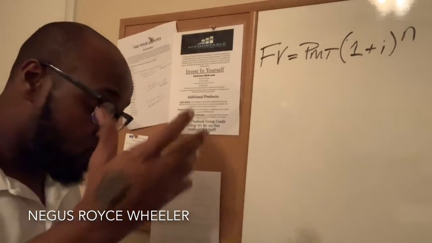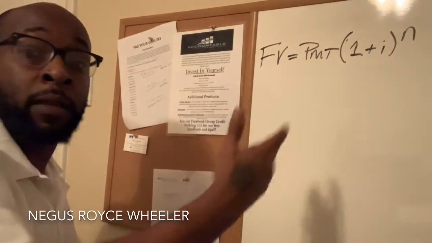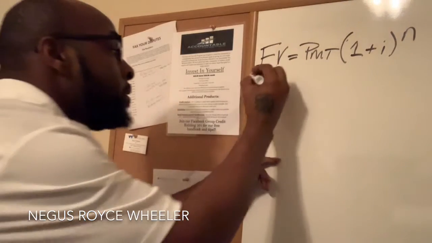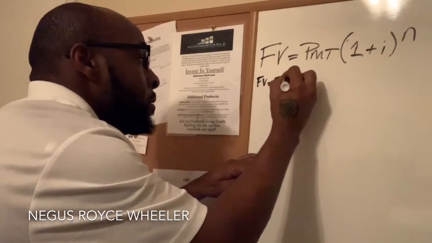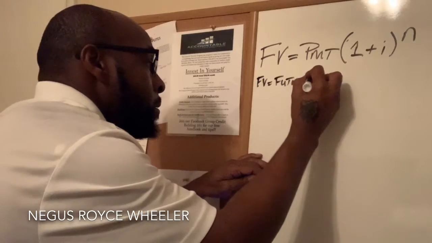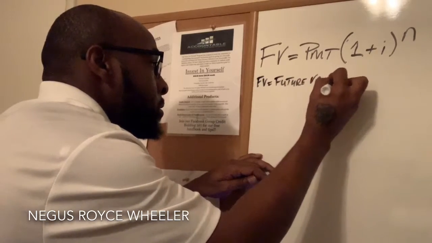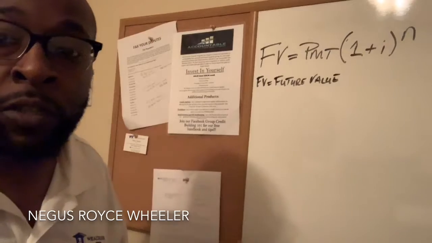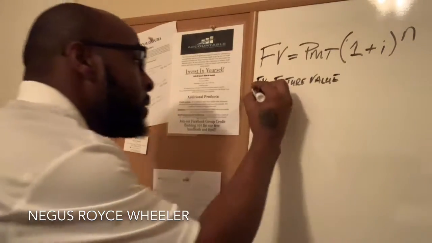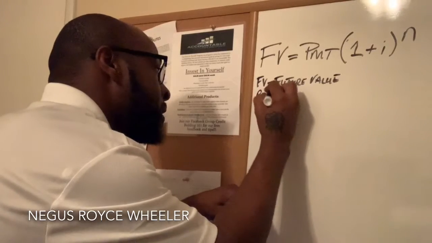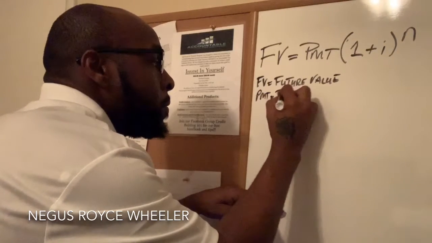The formula is FV. FV equals future value. Then you got FV equals PMT, which you guys can probably guess, equals payment.